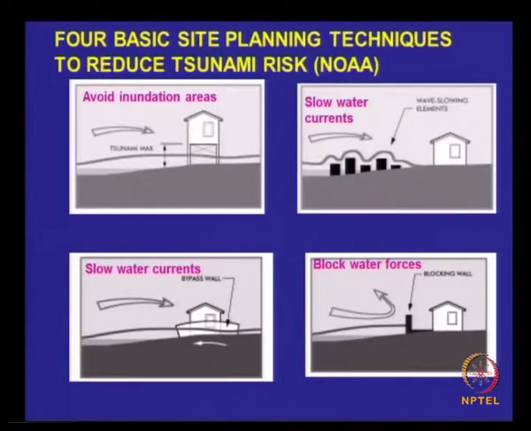Then four basic site planning techniques to reduce tsunami risk, that is as per NOAA: avoid inundation areas. So that is one option, but if not, you have the structures only on piles, and do not have any solid obstruction.